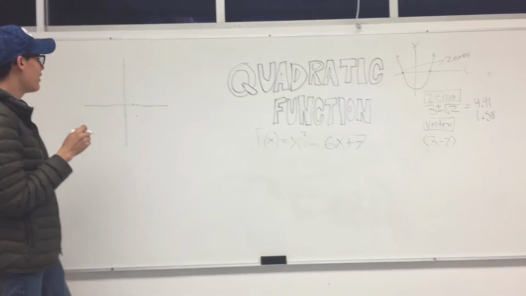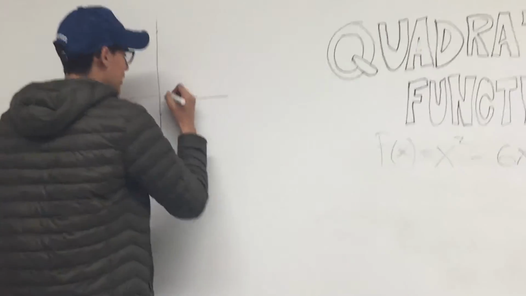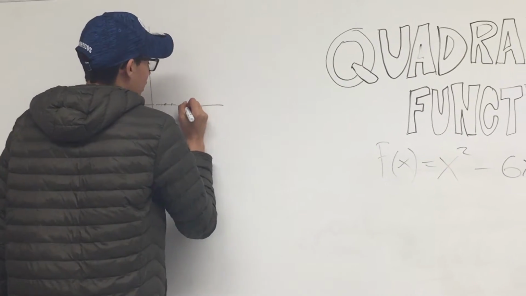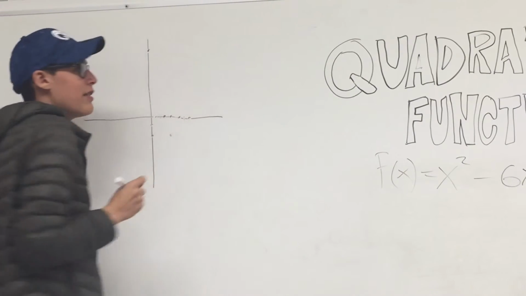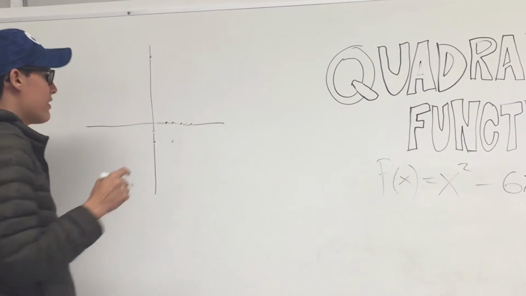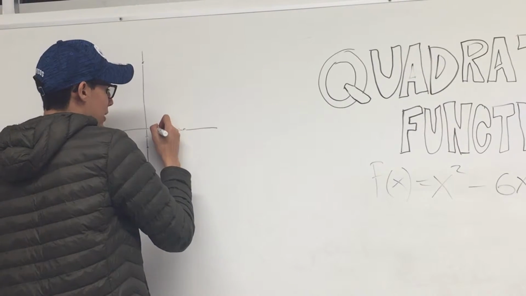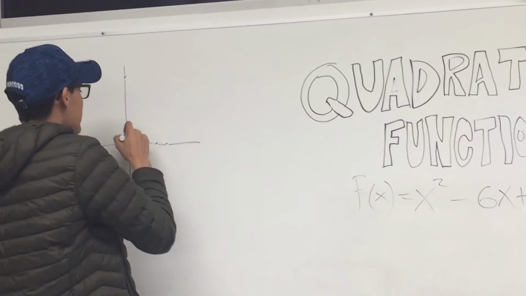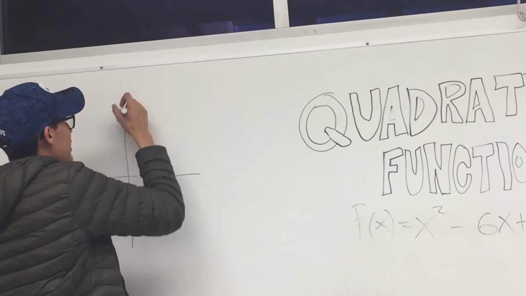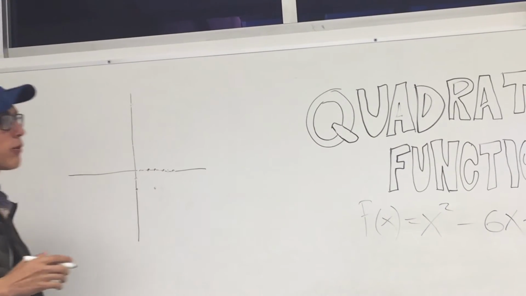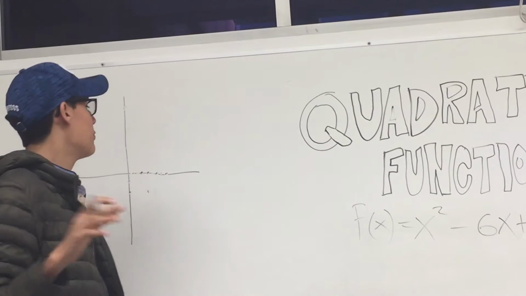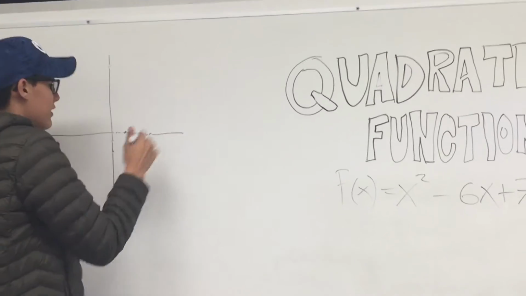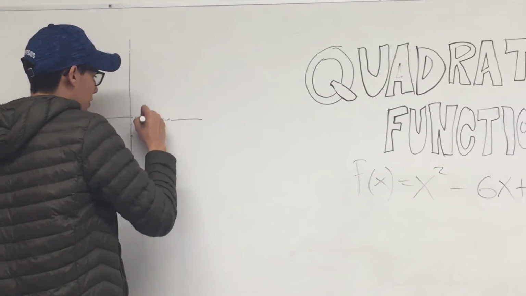Our zeros are at 4.41 and our other zero is at 1.58, which is around here. Our y-intercept is at 7, which is 1, 2, 3, 4, 5, 6, 7 here. Since we have a parabola, we know that it's going to be a U, so it makes it easier to trace it. So we go from here and connect the dots.